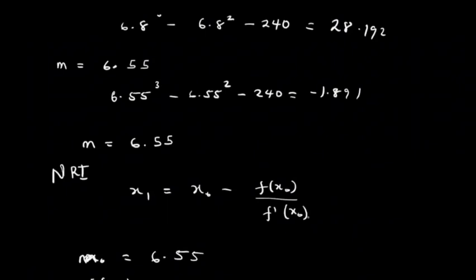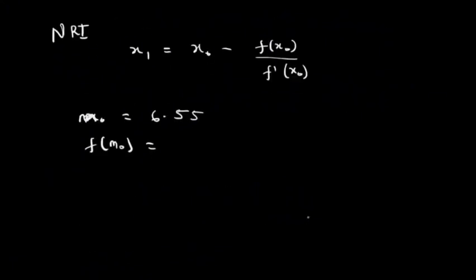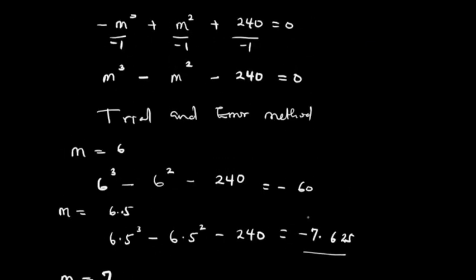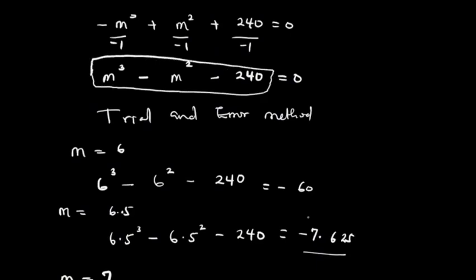F of m naught is minus 1.891. Then f prime of m naught is the derivative of this total expression.